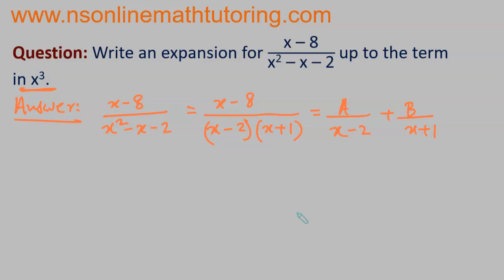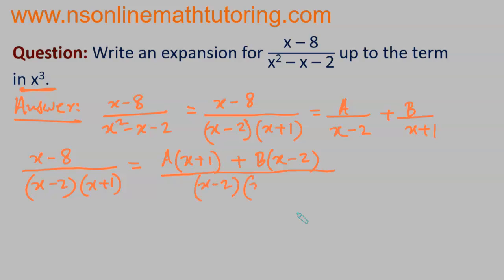So x minus 8 over x minus 2 times x plus 1 is equal to A times x plus 1 plus B times x minus 2, over x minus 2 times x plus 1.